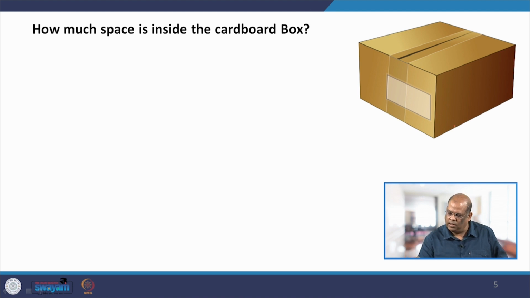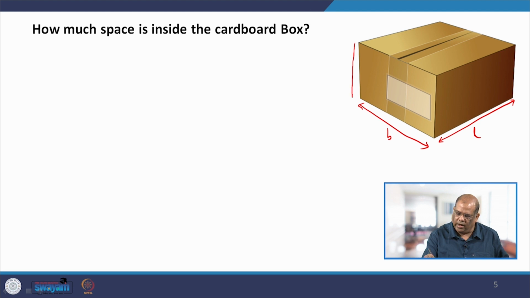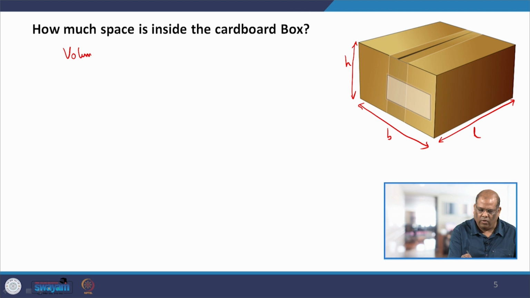And when we talk about space, obviously we talk about the volume. So, if this is our length and this is the breadth and this is the height, we know that the volume is defined as length into breadth into height.